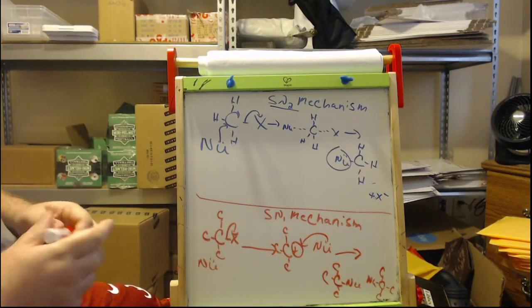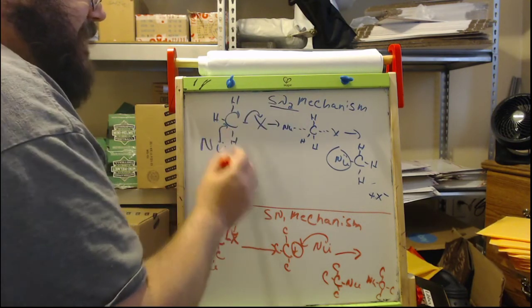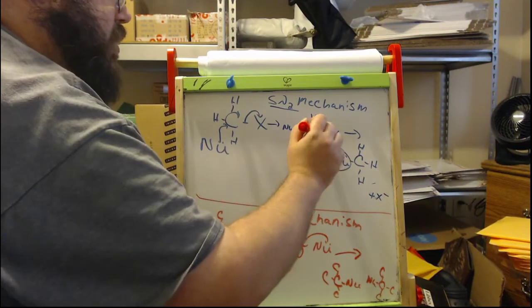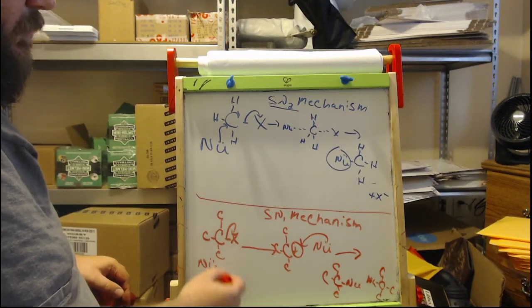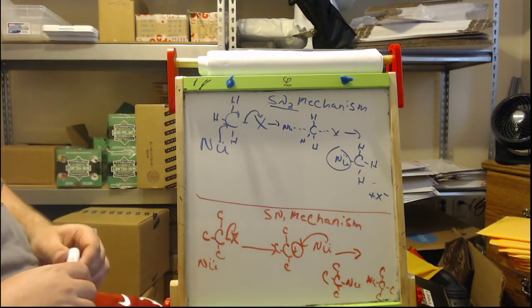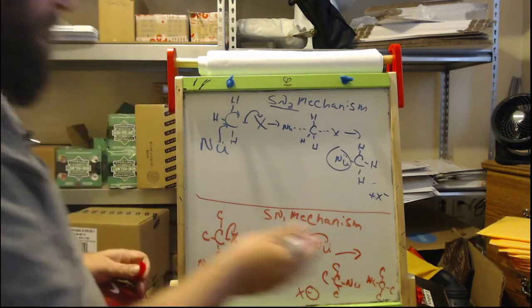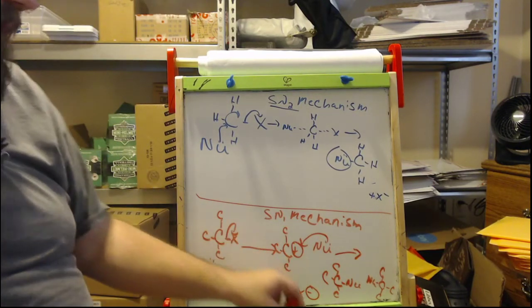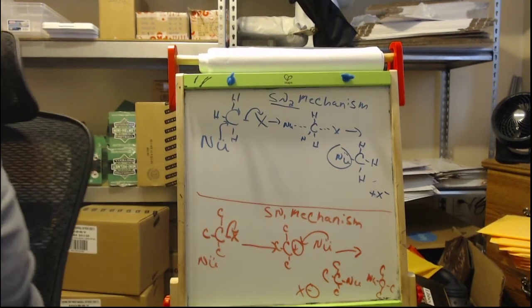So in an SN2, backside attack, simultaneously addition and removal. In an SN1, the leaving group has to leave, and the nucleophile then comes in. And of course, if you want, there's that sitting over here as possibly one of your products.